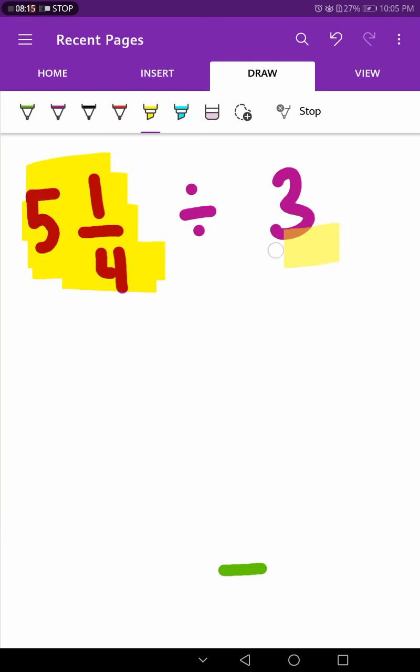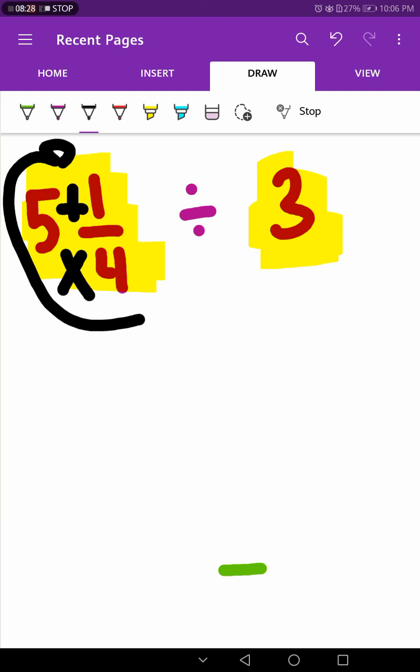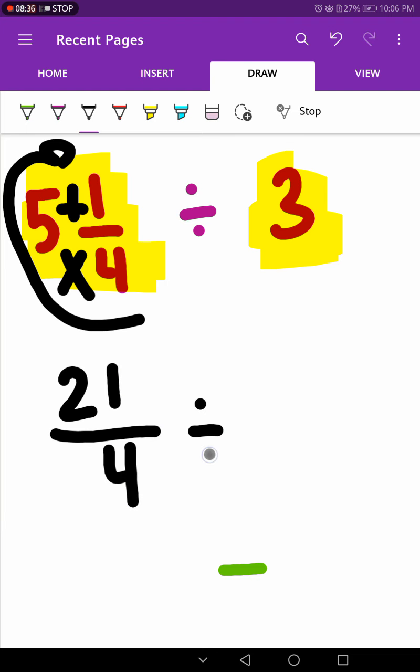Teacher, but I have a whole number here. Leave it, okay? We don't need it. Just convert this one. Now, yes, this way. 4 by 5, 20 plus 1 equals 21 over 4 divided by 3.